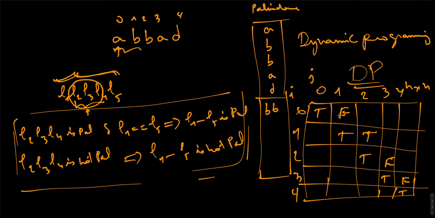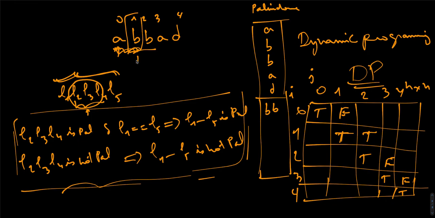Okay, and now can we use this equation and this to know the rest of the solutions? And the answer is yes. So now let's see the substring 0 and 2. If I want to know if 0, 2 is a palindrome, I need to look at this substring, this one, which is 1, 1. 1, 1 is true.